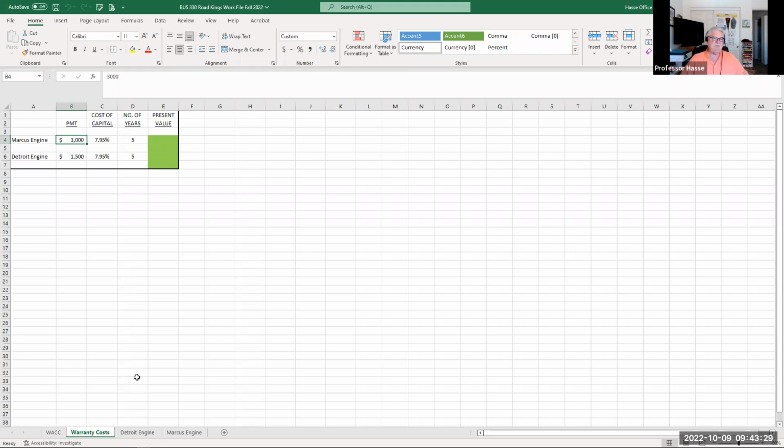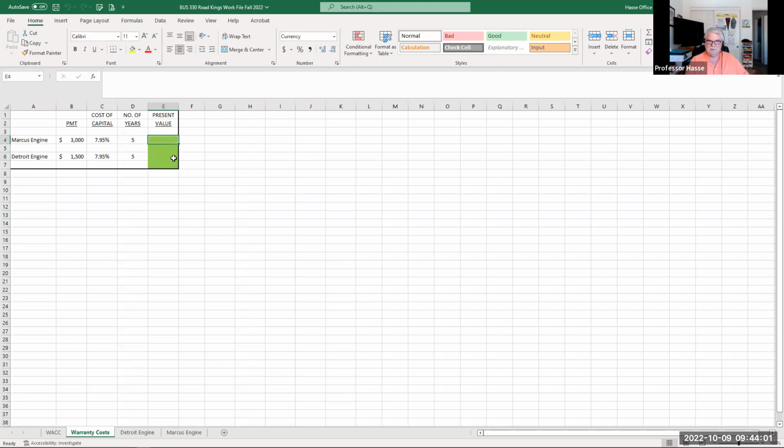Once you determine that present value, that amount is going to be the same in year 1 through year 20 because you're including all 5 years in one number. So since you are including all 5 years in one number, should you include the inflation rate in those 5 years? Those are the 2 questions you have to answer to determine your present value per unit cost of warranty for the Marcus engine and the Detroit engine. That's what you have to answer in this problem.